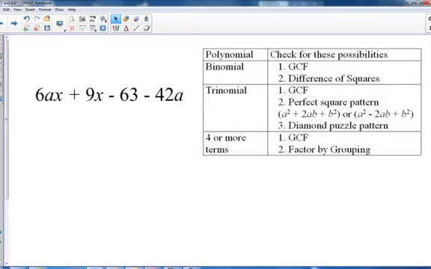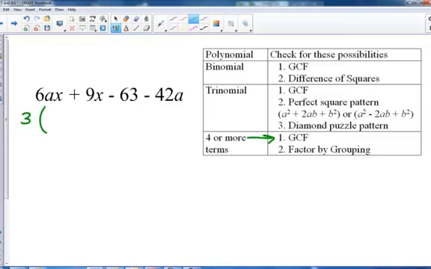I have 4 terms. The first thing we're going to do is see if there's a greatest common factor. And there is, we could take a 3 out.